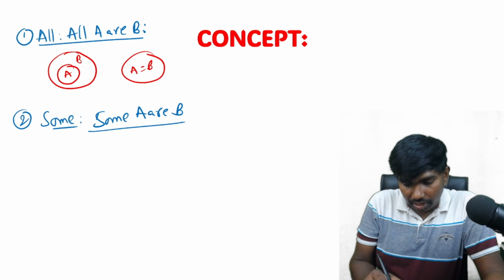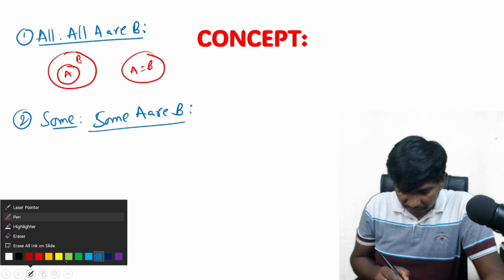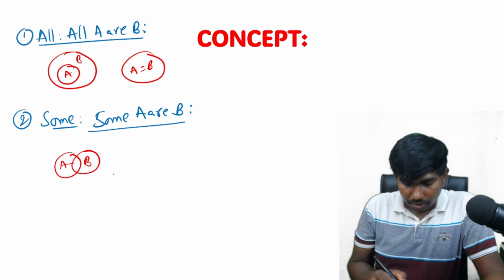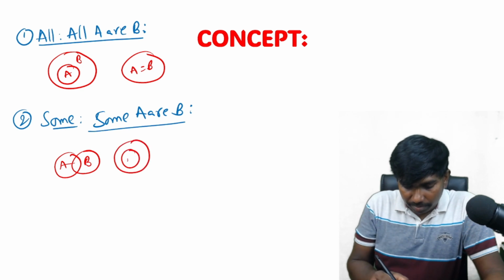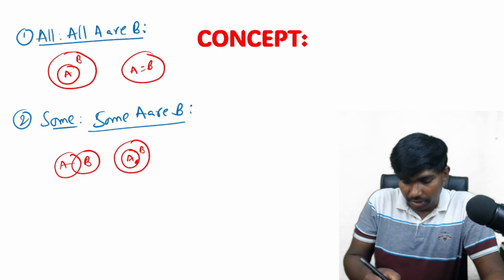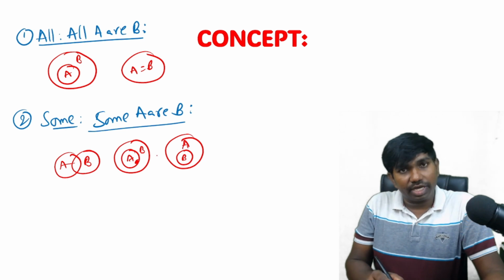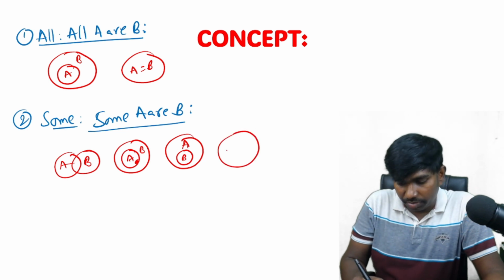Second, some A are B. So what are the possible diagrams for this? Some A are B in this way, right? Yes, here also if I take some part of A, it is belonging to B. Next, what about this one? Some A are B. Yes, that is true for this diagram as well. And one more diagram is also possible here.